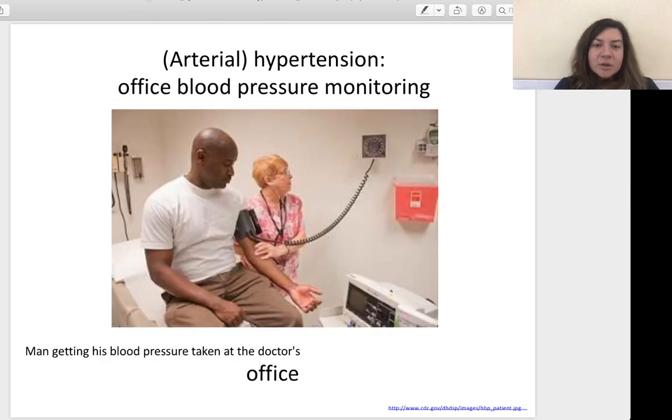Here you see how office blood pressure monitoring looks, taken in the doctor's office by the equipment with all the conditions that I said previously. Yes, and we usually do, if you see this patient the first time, right and left arm to check if there is a significant difference between them.